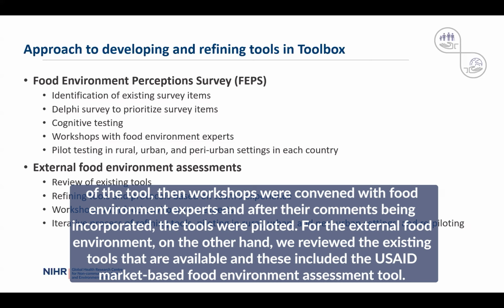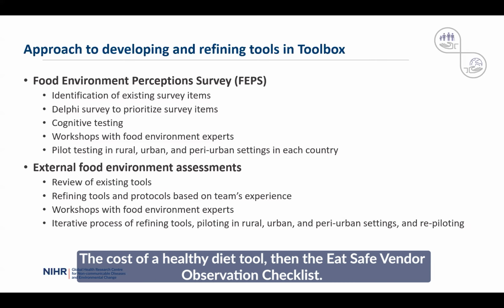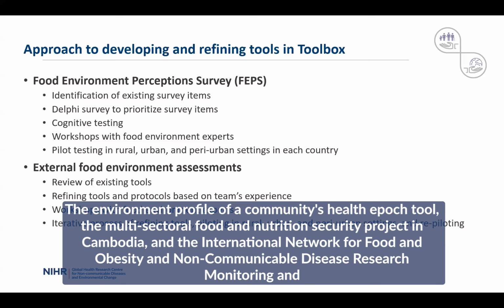For the external food environment, on the other hand, we reviewed the existing tools that are available, and these included the USAID market-based food environment assessment tool, the cost of a healthy diet tool, the Eat Safe vendor observation checklist, the Environment Profile of a Community's Health, the EPOCH tool, the multi-sectoral food and nutrition security project in Cambodia, and the International Network for Food and Obesity and Non-Communicable Disease Research, Monitoring and Action Support, INFORMAS.